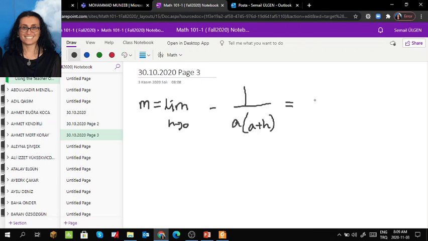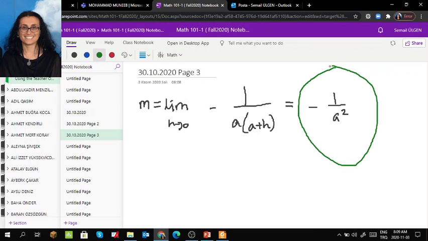We can directly plug in h equals 0 because it doesn't make any undefinedness here. So the answer is negative 1 over a squared. So this is the slope at any point a.